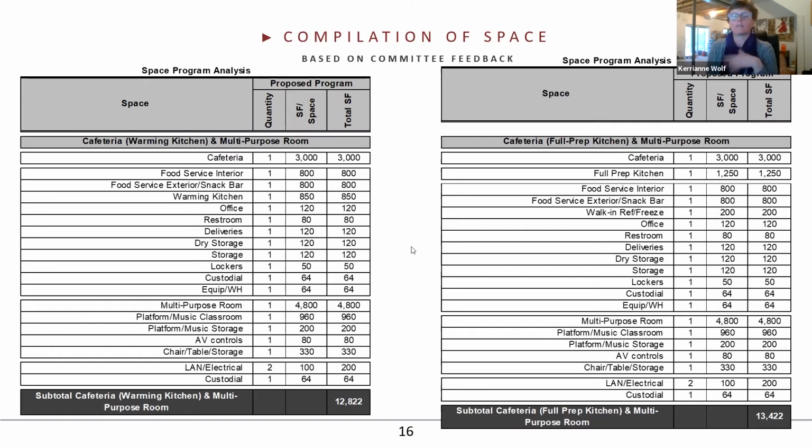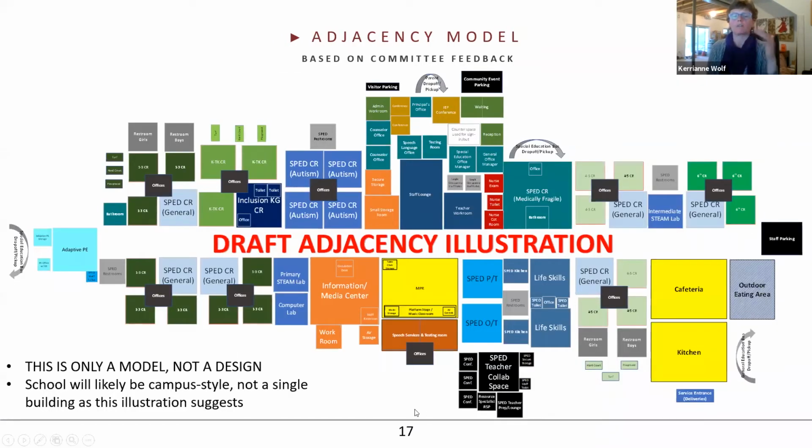So let's go ahead and bring up that draft adjacency illustration. What I'm going to say about this is, first of all, it looks like one building. Instead of calling it a building, I'm going to try to use the word campus, because I know right now you're on a campus with multiple buildings. What I did was take one of the draft illustrations that was shared with us, which was more of an inclusion model.